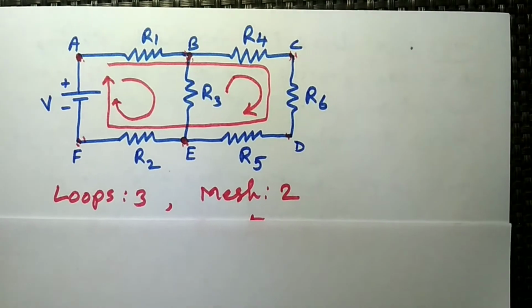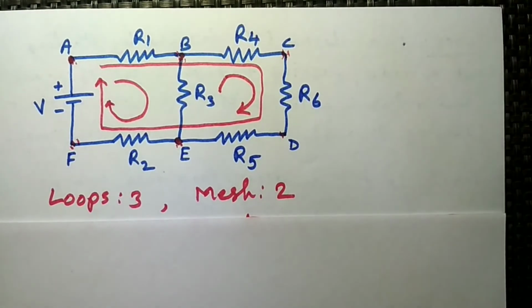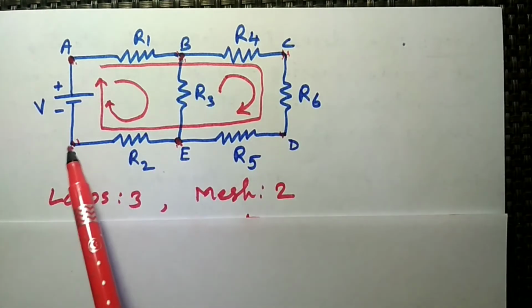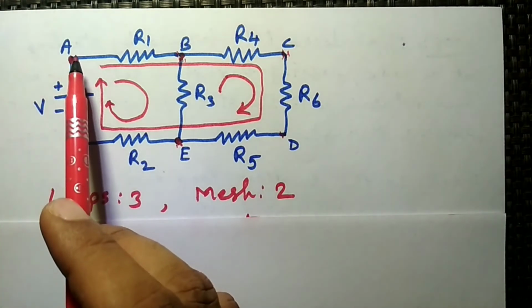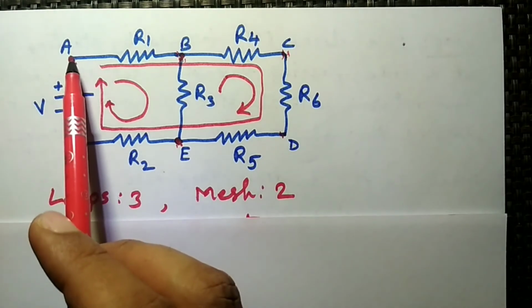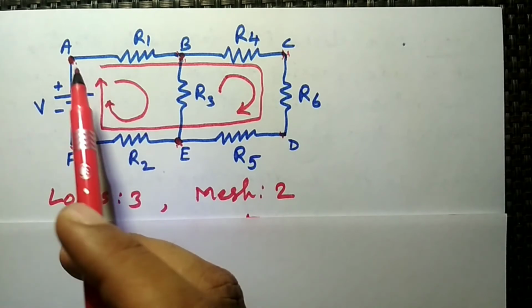Next, the number of junctions and the number of nodes. In this circuit we have a total of 6 nodes, that is A, B, C, D, E and F, because a node is the point where two or more elements are joined together. At point A, the voltage source and R1 are connected.